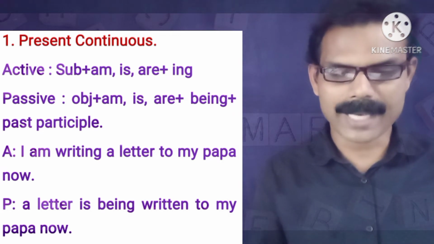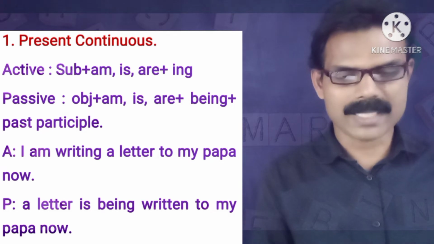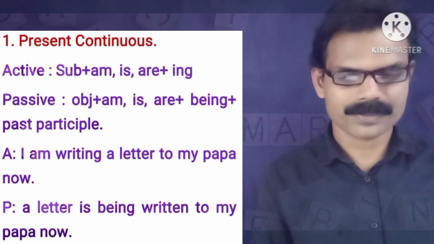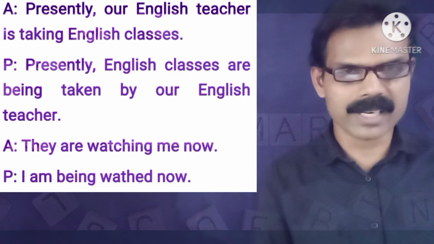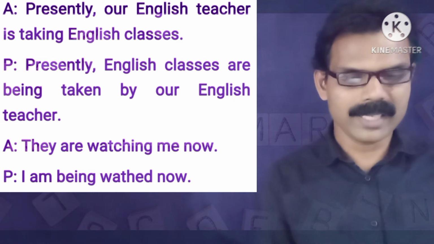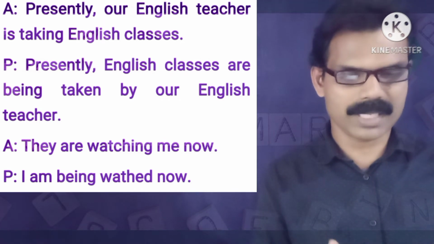Some example, active. I am writing a letter to my papa now. Passive. A letter is being written to my papa now. Active. One more example. Presently, our English teacher is taking English classes. Passive. Presently, English classes are being taken by our English teacher.